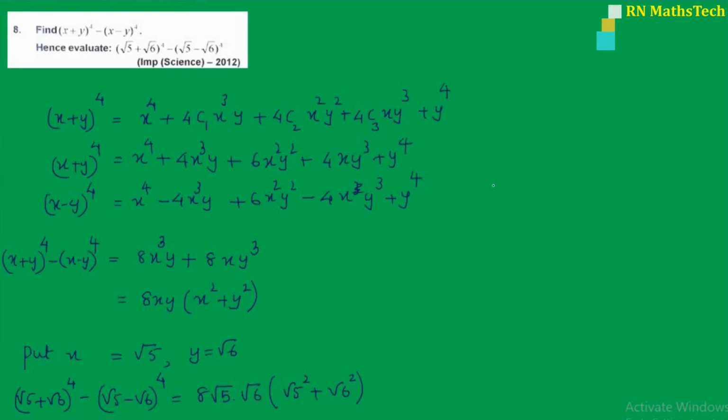So that's equal to 8 root 30 into (5 plus 6), which is 11. That is equal to 88 root 30.